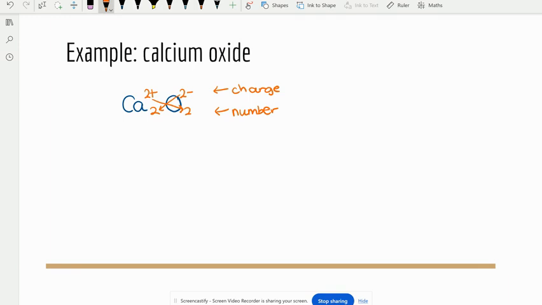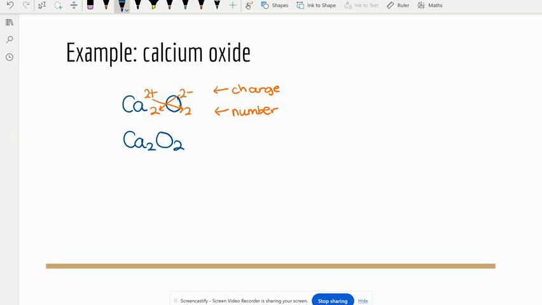You don't have a -2 number of oxygen or calcium. That doesn't make sense. You're counting 1, 2, 3, 4, 5. So we leave the sign out for the number on the bottom. So if I clean up a little bit, calcium 2, oxygen 2, that's what we have so far.